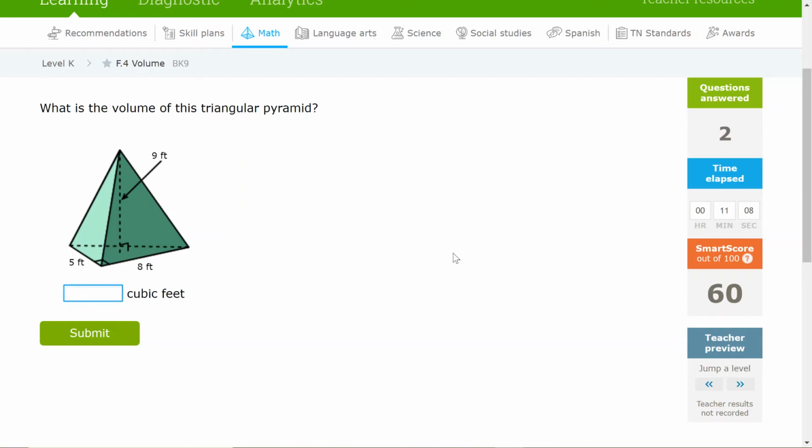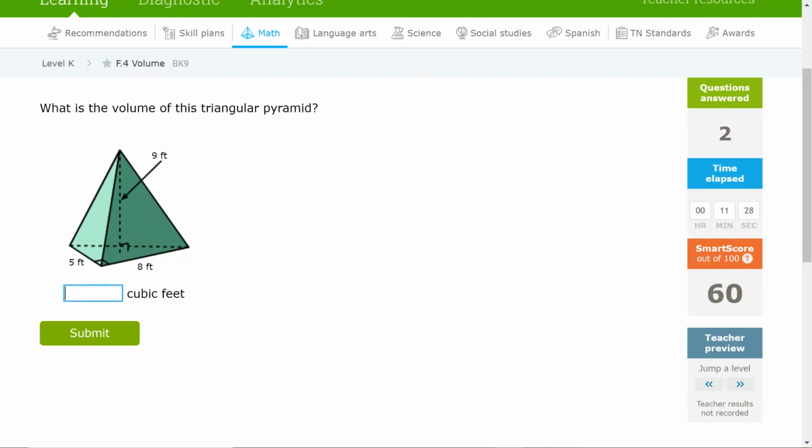Putting this into the calculator, 8 times 5, I get 40. I'm going to multiply that by 1/2, or I could divide it by 2, or multiply it by 0.5. Whatever I do, I should get 1/2 of 40, which is 20. Awesome. So now I know that my area is equal to 20.